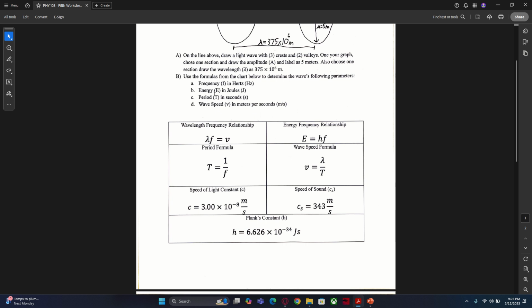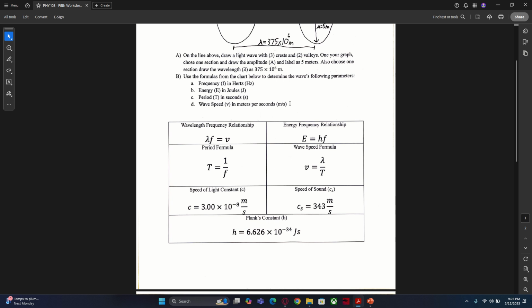We'll also solve for the energy E in units of joules, capital J. We'll also solve for the period, capital T, in units of seconds, s. And just as a little check, we'll try to solve for the wave speed, v, in meters per second, which is just m divided by s.